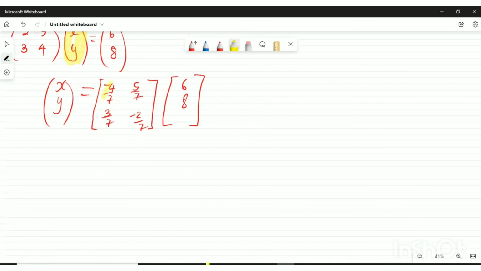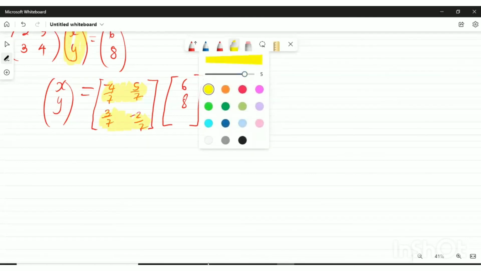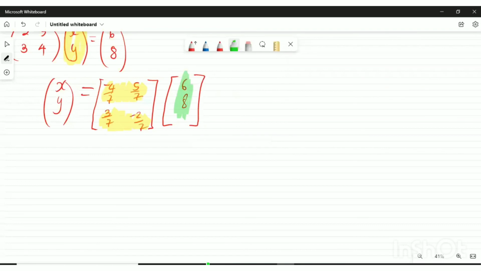Let me highlight my rows. That's row 1, and this is row 2. And let me highlight my column. This is column 1. So I'm going to use row 1 and row 2 to multiply by my column 1. It's only one column, so it's row by column.